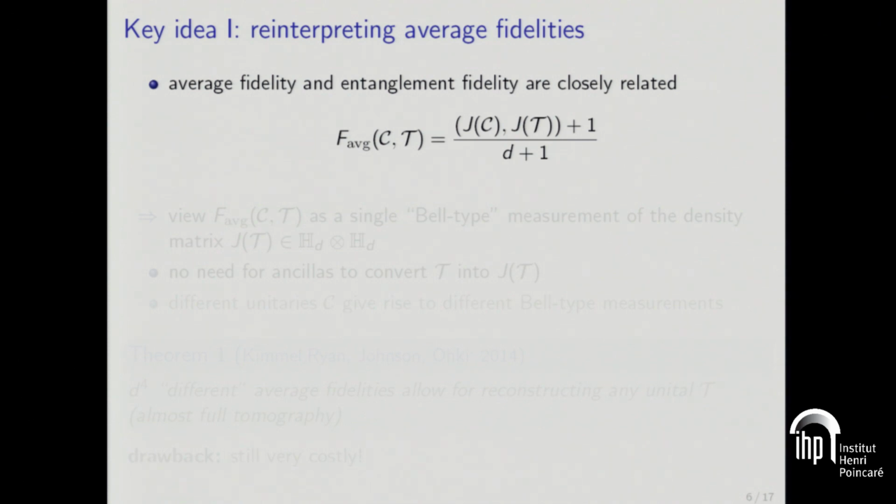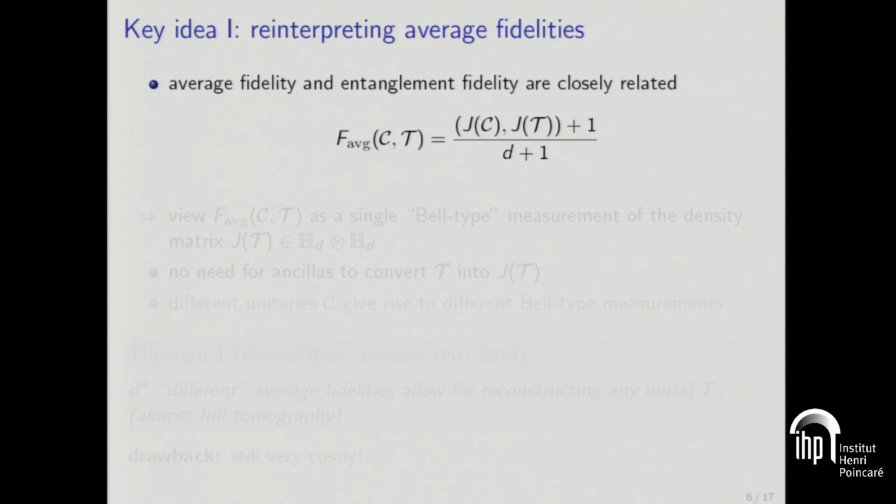And in order to do so, there are really 3 key ideas that I want to point out. And the first one has actually been known for a long time now, because in 1999, the Horodeckis wrote a great paper that relates the average gate fidelity between 2 channels to the entanglement fidelity associated with the channels.